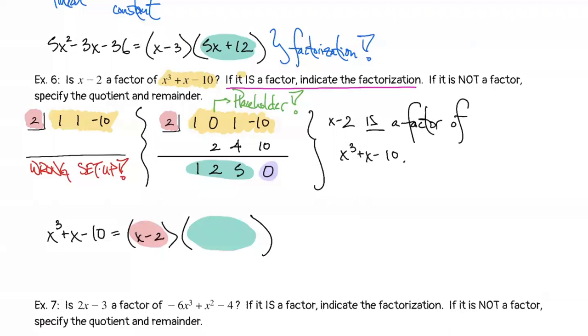So we get 1x squared plus 2x plus 5. Okay. This is my factorization. Is this a linear factorization?